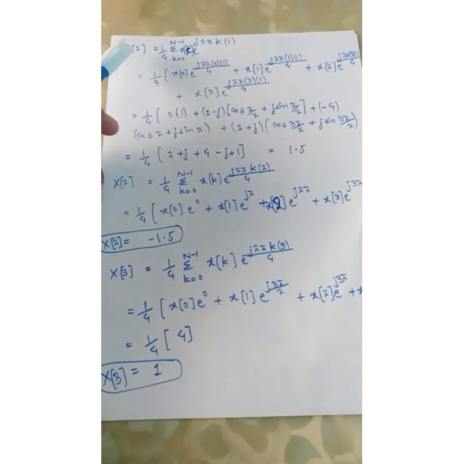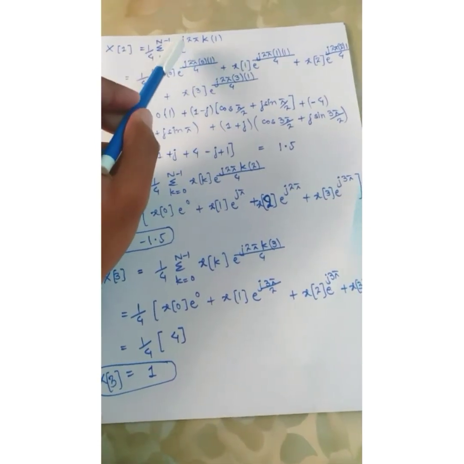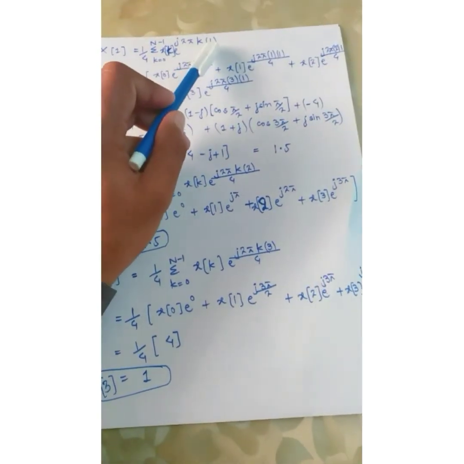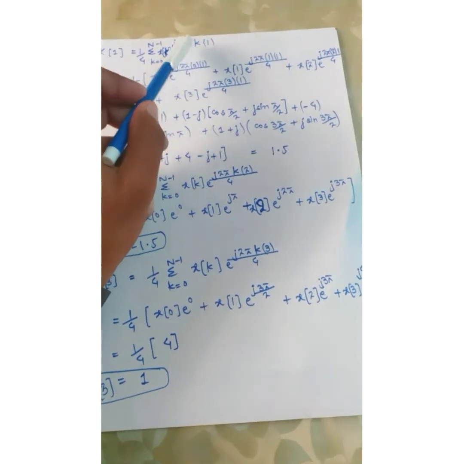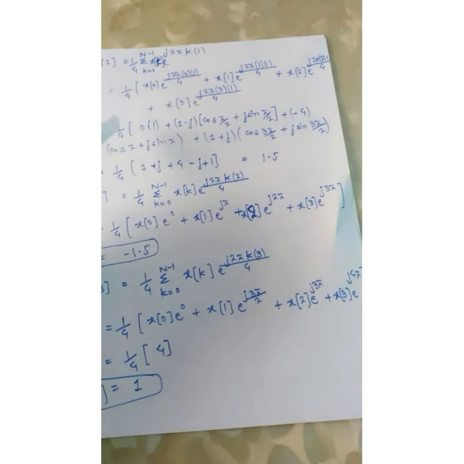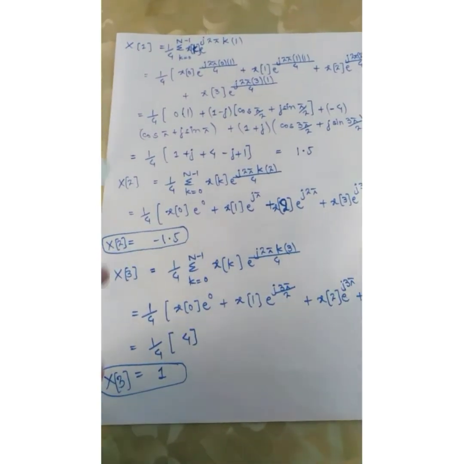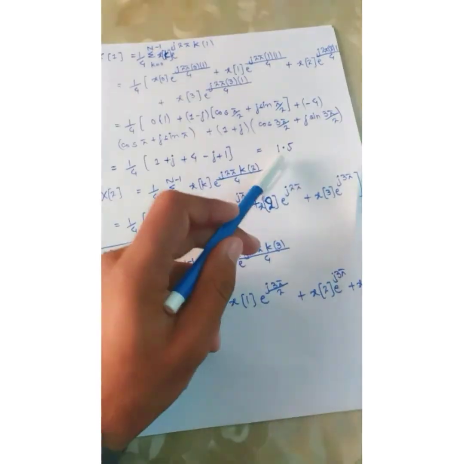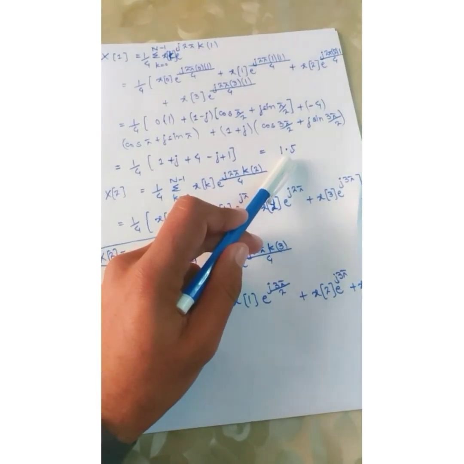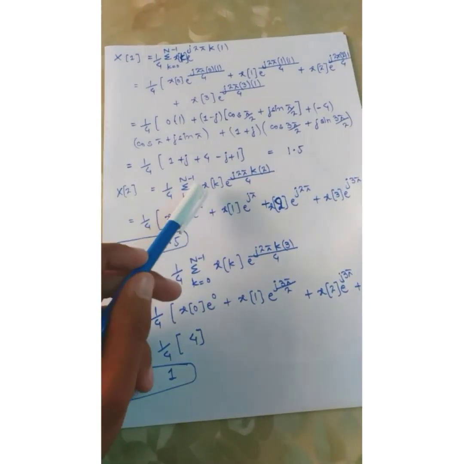Now for x of 1 we will follow the same procedure and fix the value of n is equal to 1 and change the value of k from 0 to 3. And by simplifying these equations, we find x of 1 is equal to 1.5. Now for x of 2, the procedure is same.